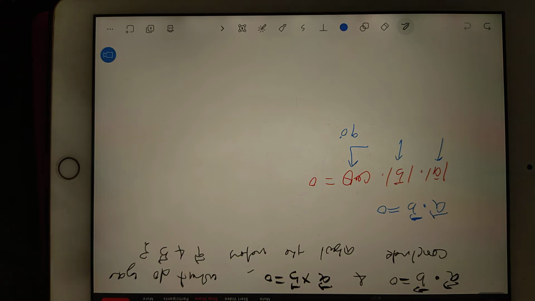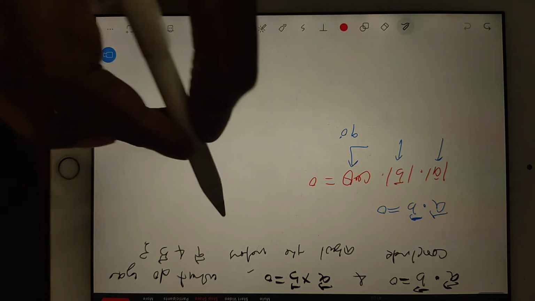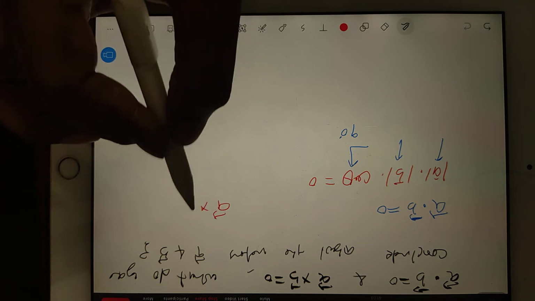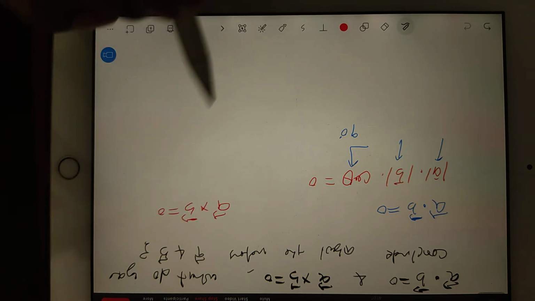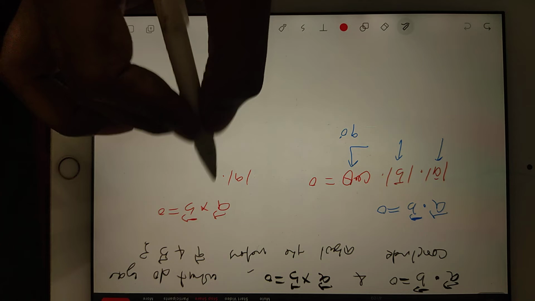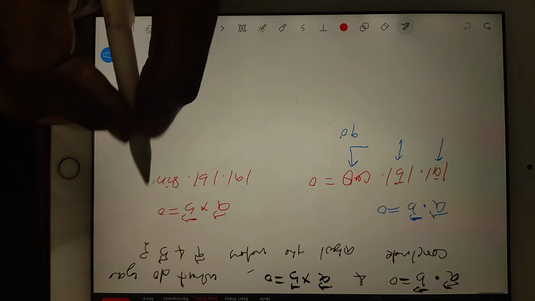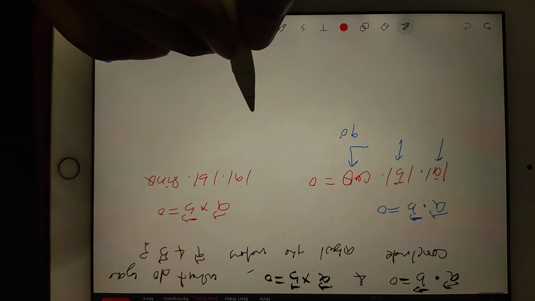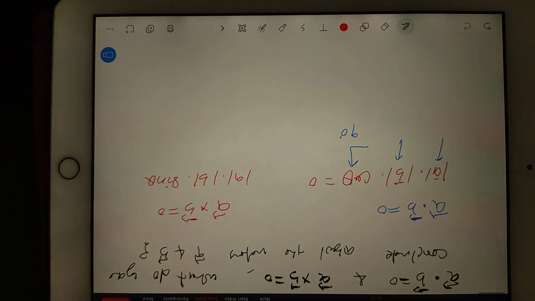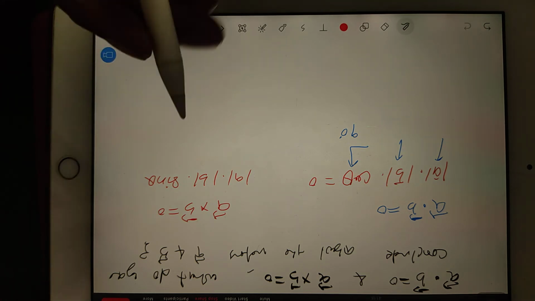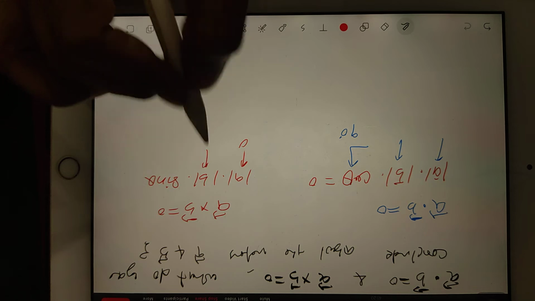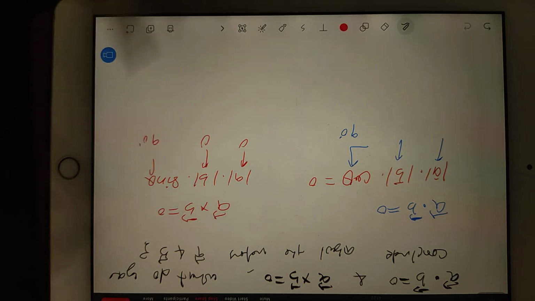But what are we getting from A cross B is equal to 0? This will look like mod of A into mod of B into sin theta. From this we are getting a similar thing. Either this is 0 or this is 0 or this is 0 degree.